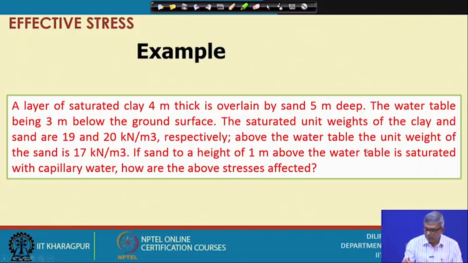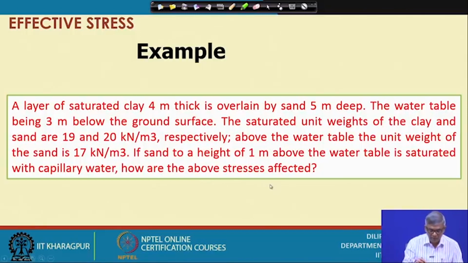Above the water table, the unit weight of the sand is 17 kilonewton per meter cube, and if sand to a height of 1 meter above the water table is saturated with capillary water, how are the above stresses affected?